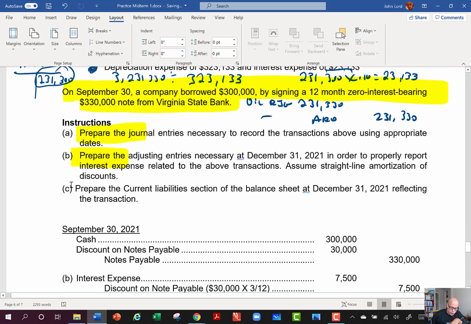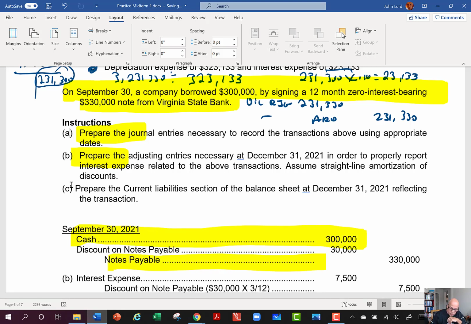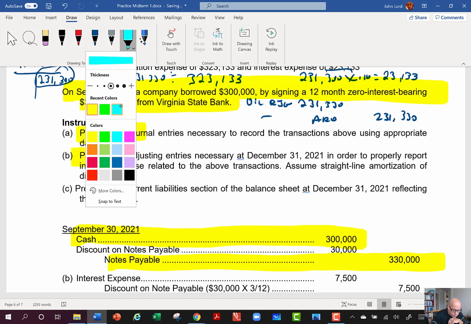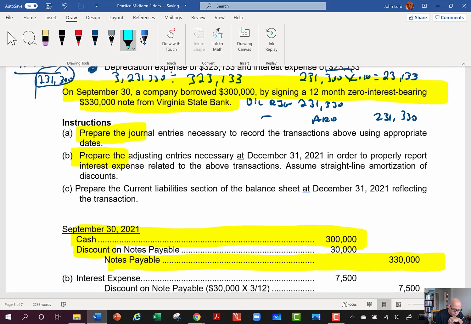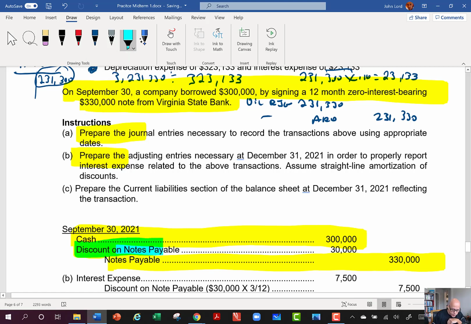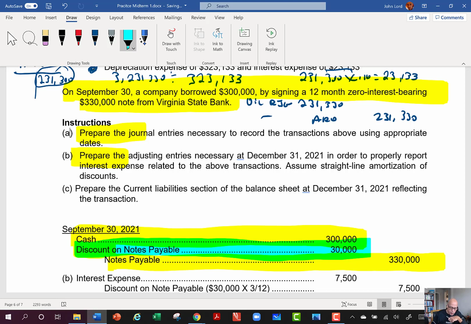Okay, and the journal entry is what? You got $300,000, so you debit $300,000. You have the note payable for $330,000, and so now I'm going to have to do what? The difference between the amount of the note payable and the cash that you got is the discount on the note payable, right?